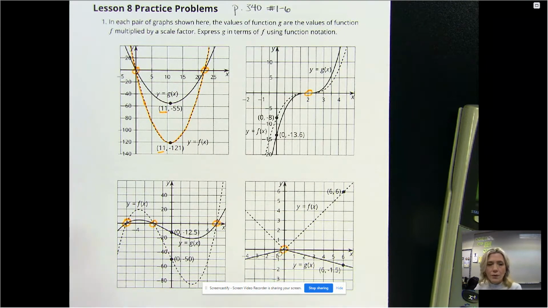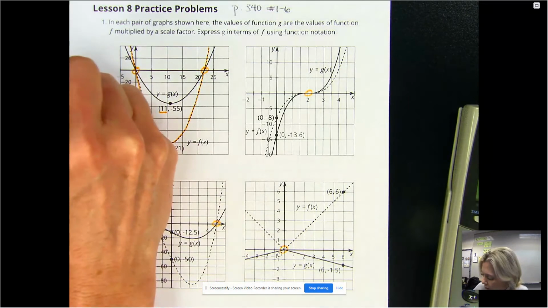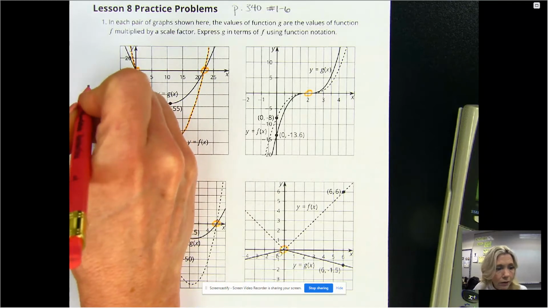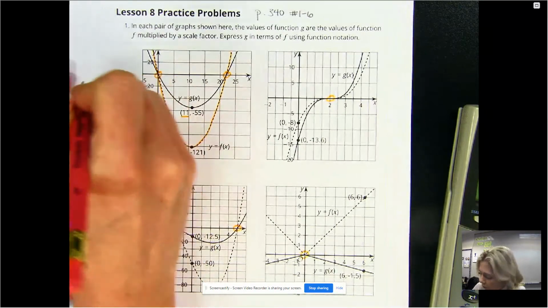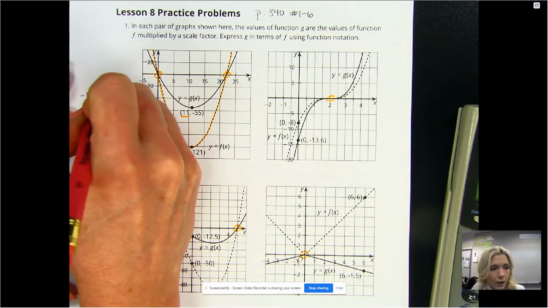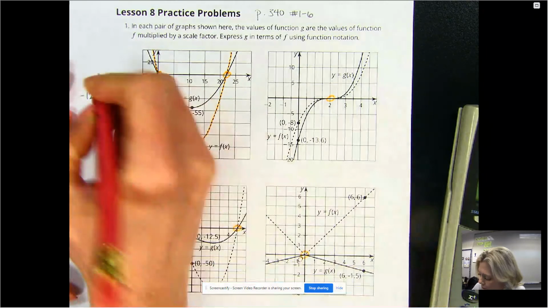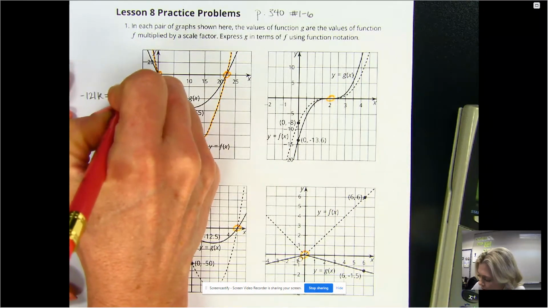And so to figure out what that is, you can write a simple equation. Negative 121 times some value k is equal to negative 55.